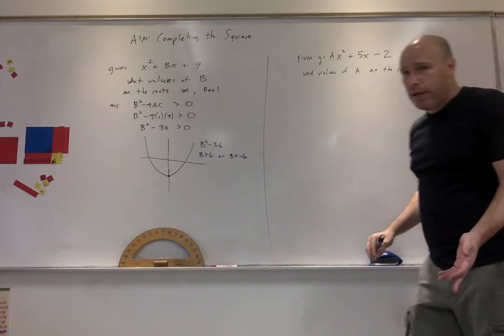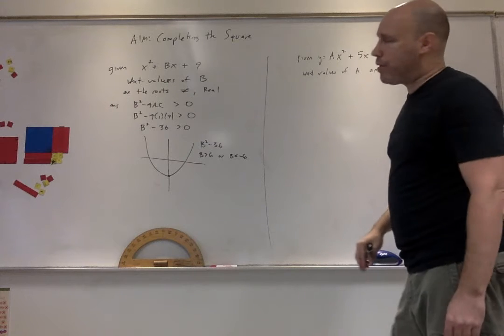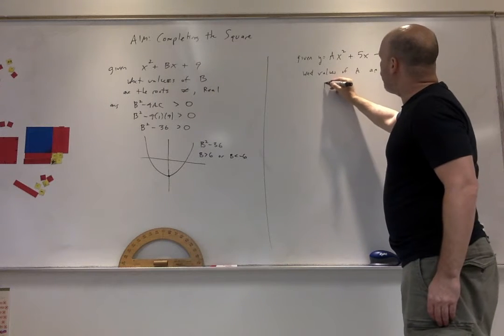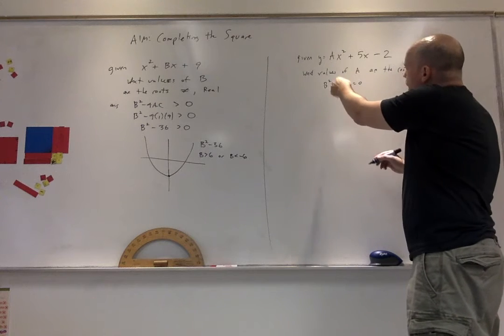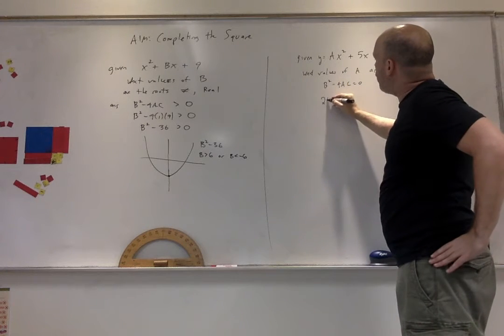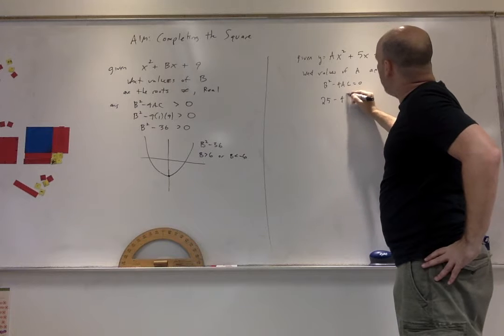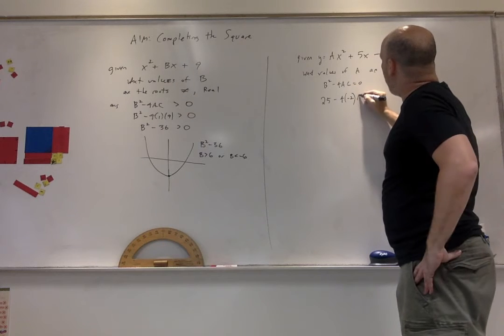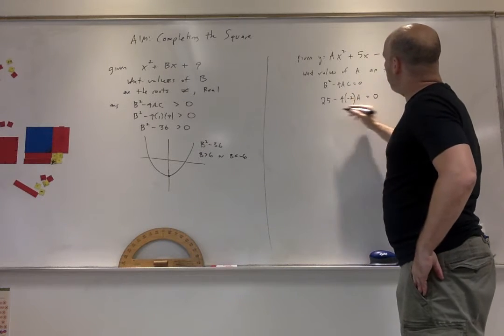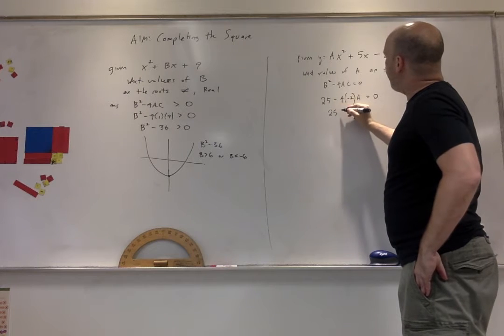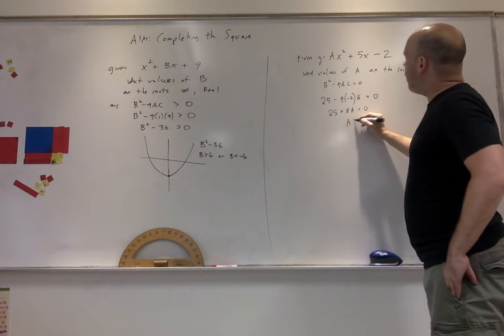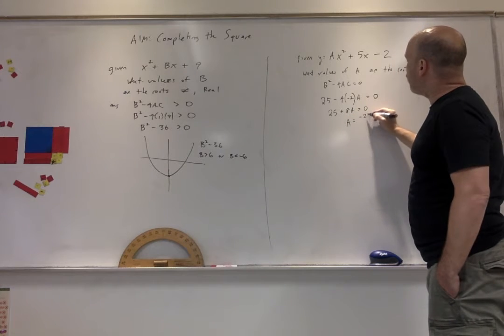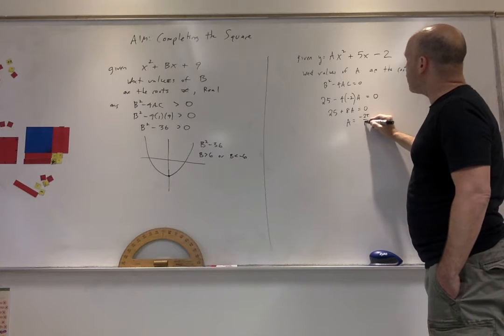Well, when are the roots equal? The discriminant is equal to 0. So when b squared minus 4ac equals 0, write this down, and then you fill it in. 25 minus 4 times negative 2 times a equals 0. We have 25 plus 8a equals 0. And so a is equal to negative 25 over 8.